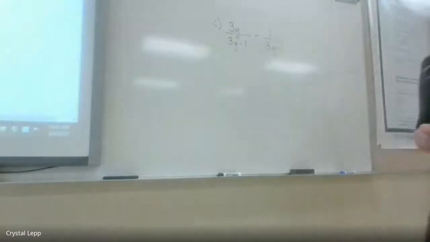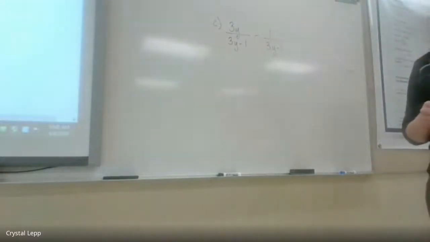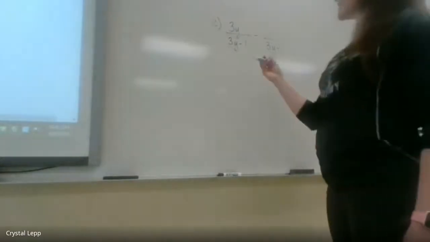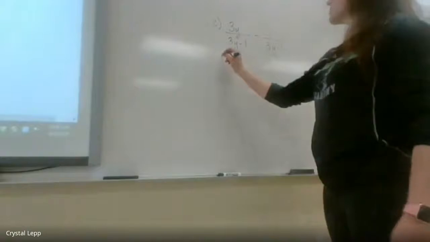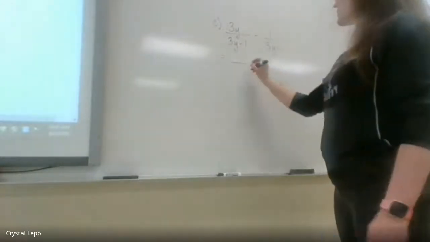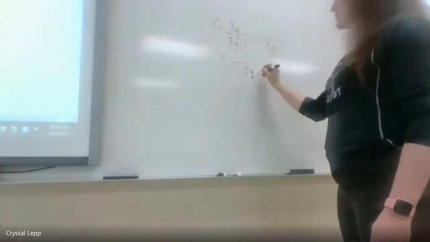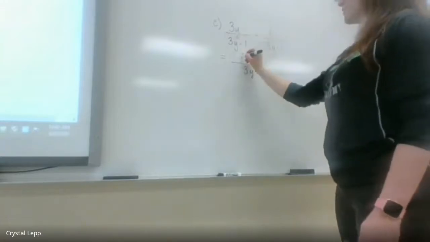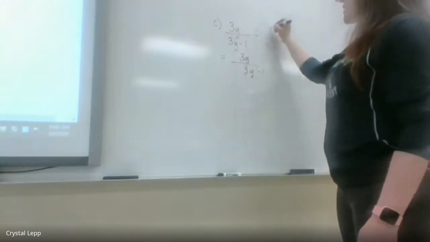So we have common denominators again. So that's good. We just have to write them all over one denominator. So it's going to equal 3y minus 1 in the denominator. And then on the top, we can now write them together. So we're going to go 3y minus 1.